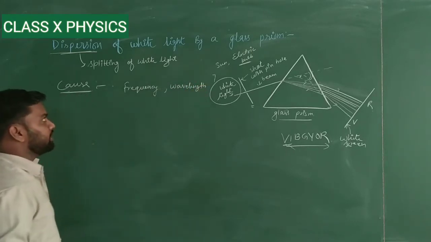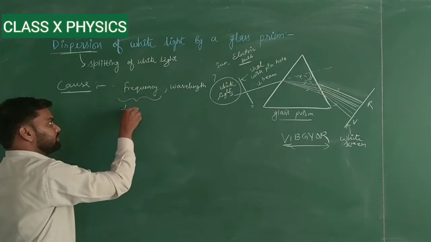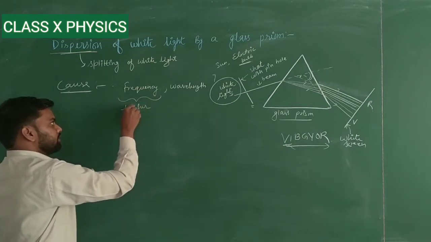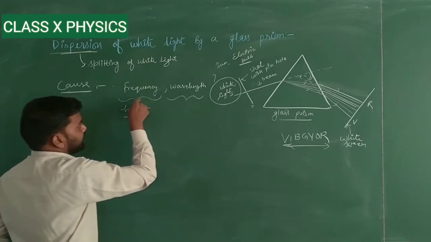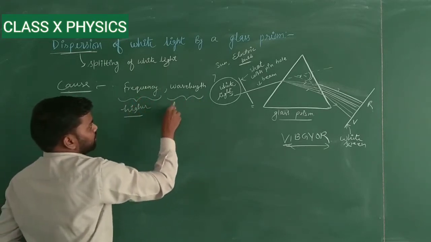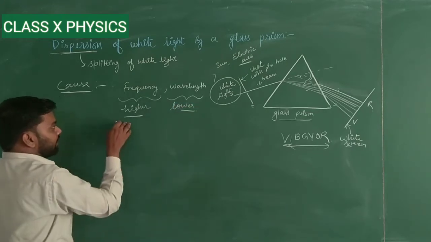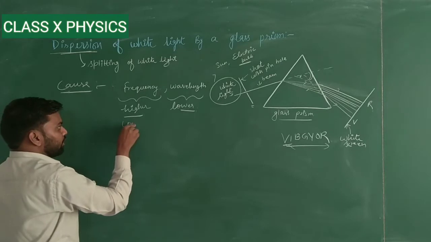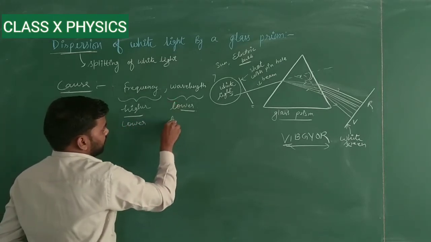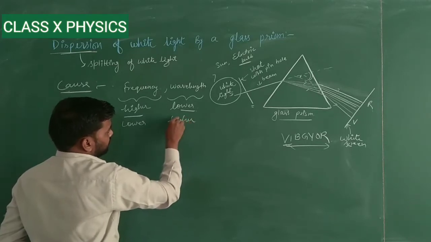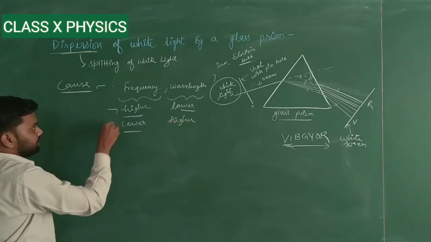If any color has a higher frequency, then the wavelength of that particular color will be lower. If any color has a lower frequency, then that color will have a higher wavelength.